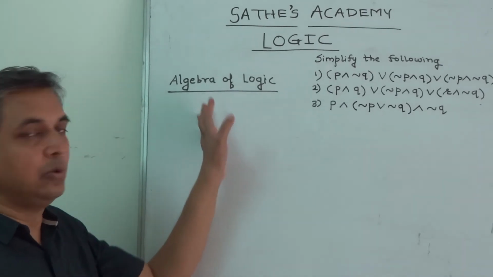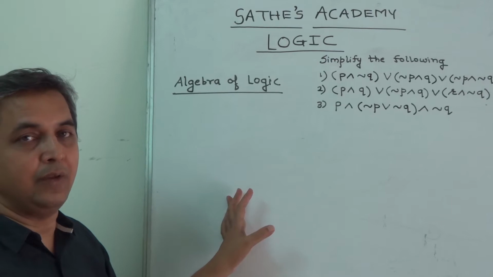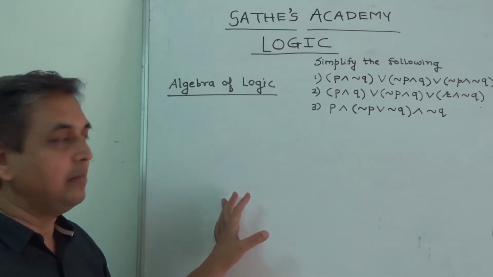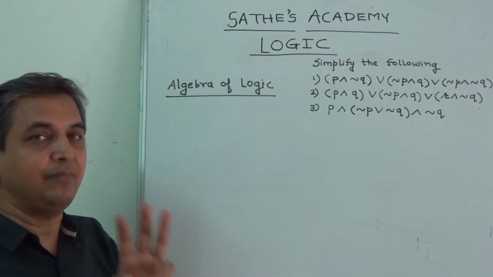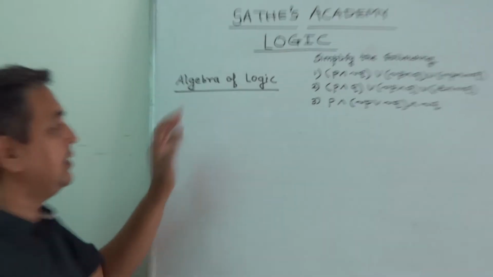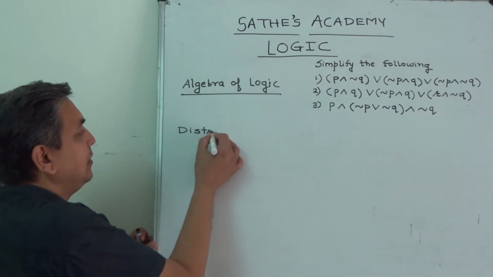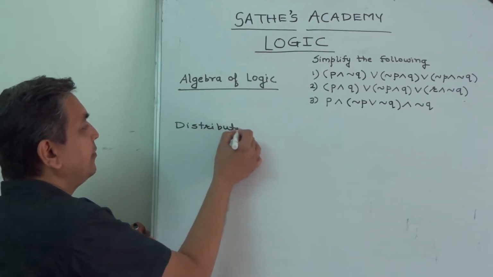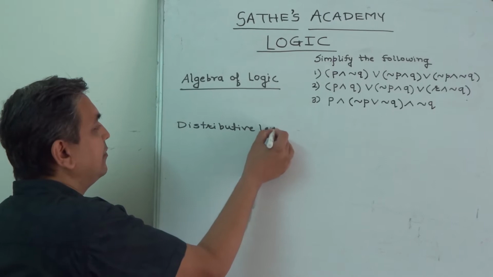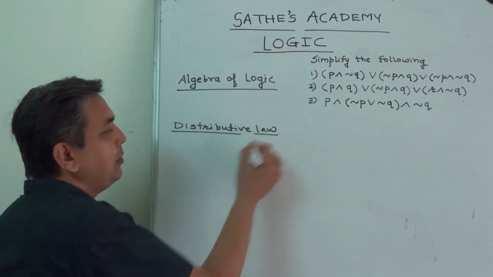In the book, if you go through the table, you will find 10 to 11 points over there, but we will consider only 3 important points. The first important point is distributive law. Now, what is distributive law?